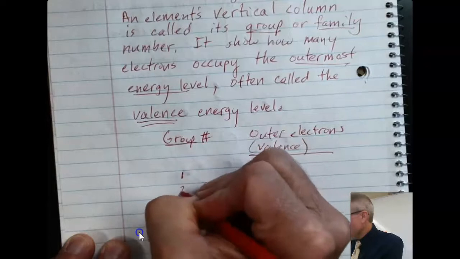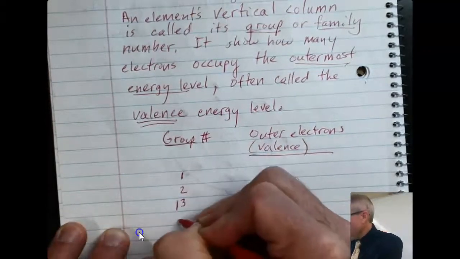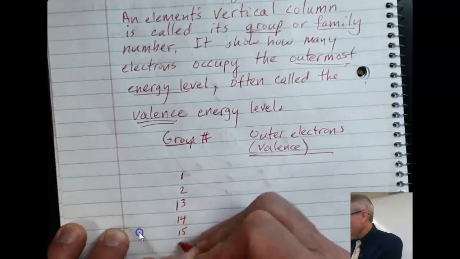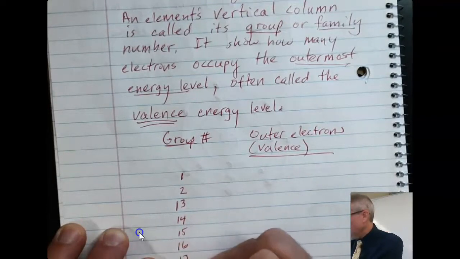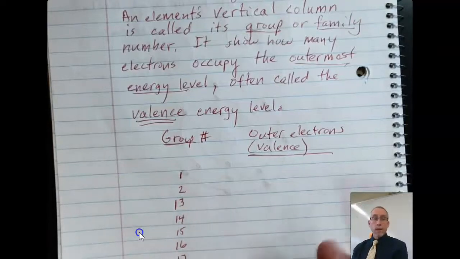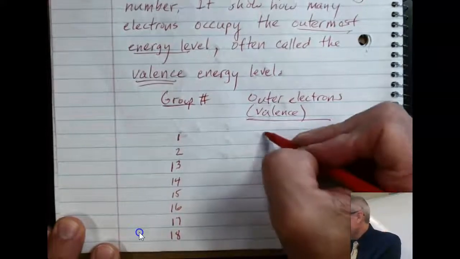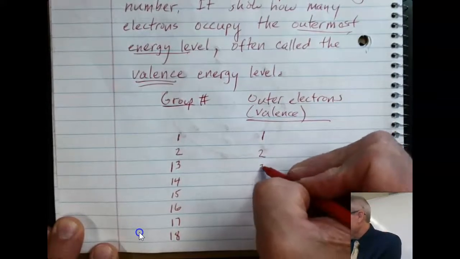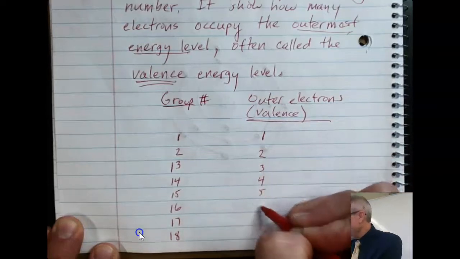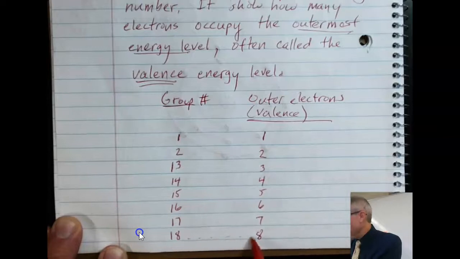So 1, 2, and then 13, 14, 15, 16, 17, and 18. I'm skipping 3 through 12 because they just don't follow a pattern. Okay? So there's 1, 2, 3, 4, 5, 6, 7, and 8. Like that.